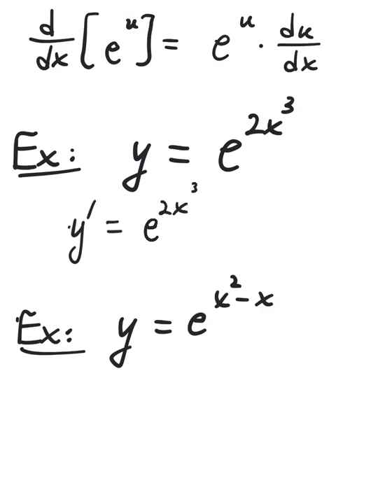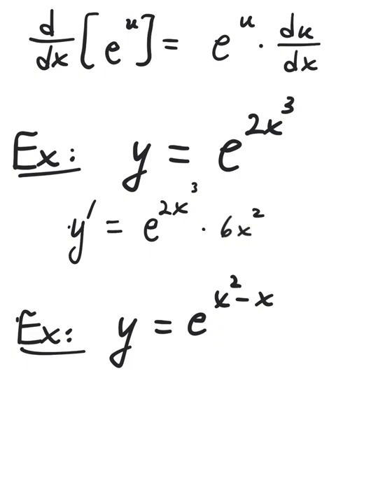And then we're going to focus on just the power. 2x cubed, what is its derivative? 6x squared. And it's very quick to take a derivative of an exponential function where the base is e. Make a copy times the derivative of the power.